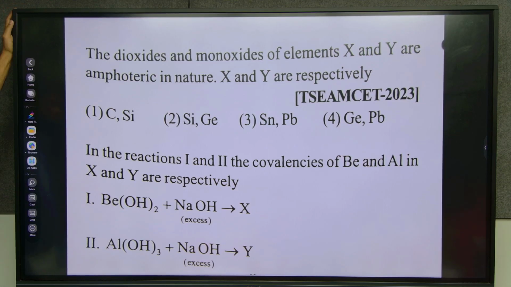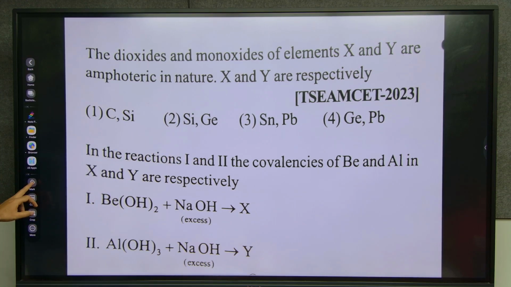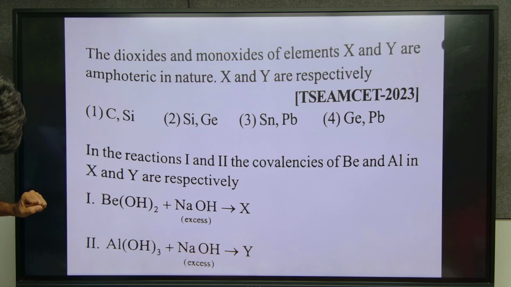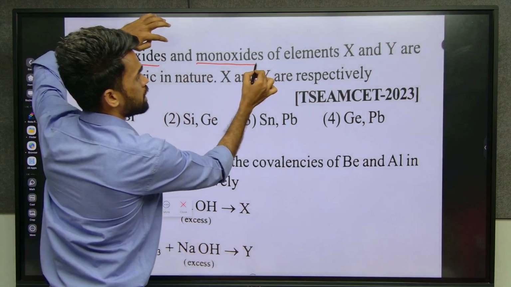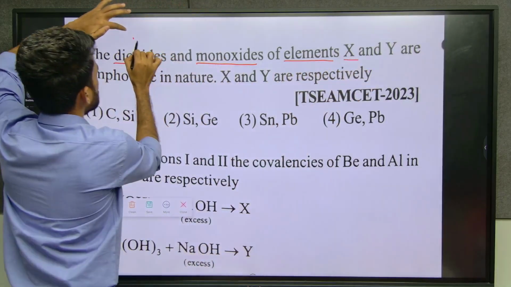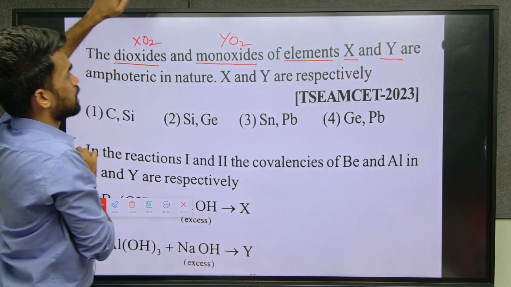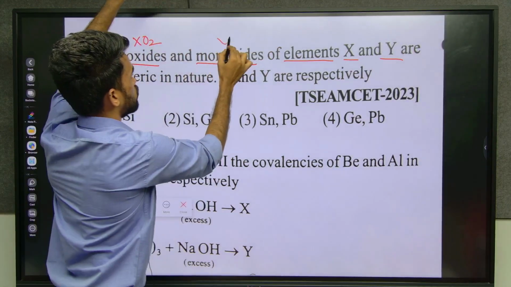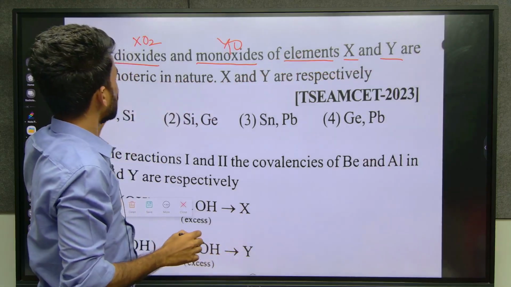What is the answer? See, they are saying dioxides, monoxides of element X, this should be dioxide. For element Y it is monoxide. Dioxides, monoxides of elements X and Y are amphoteric in nature.